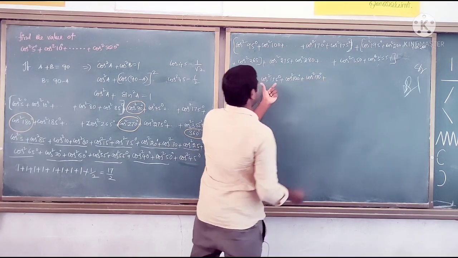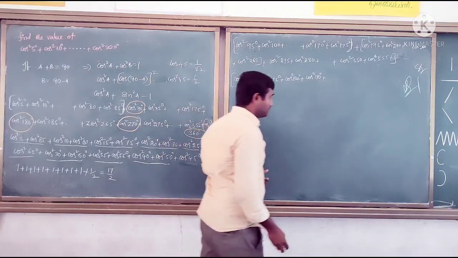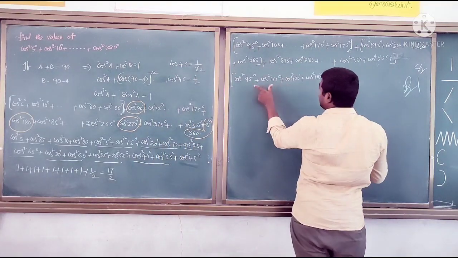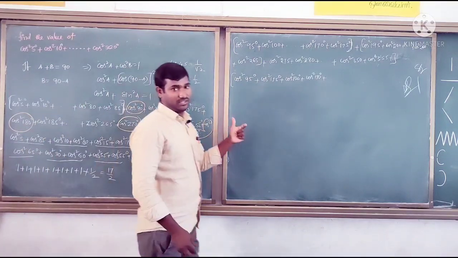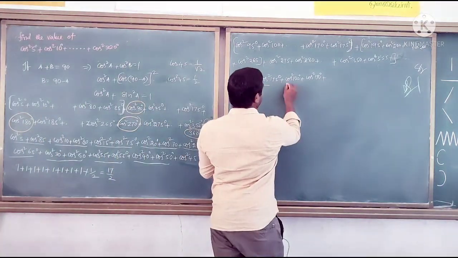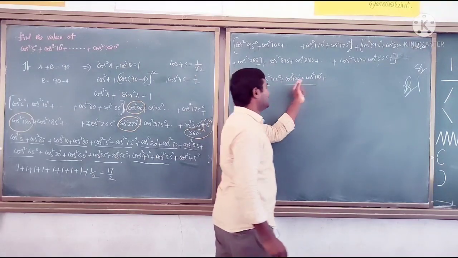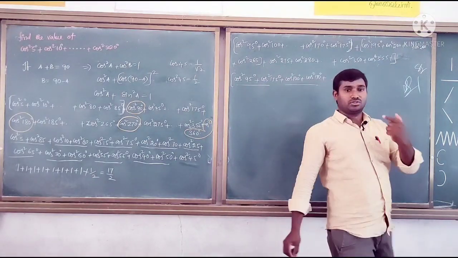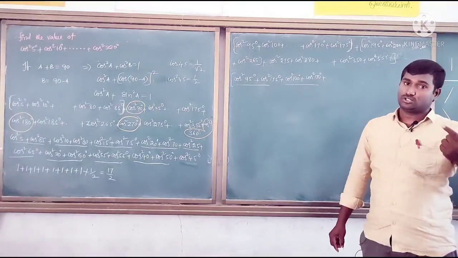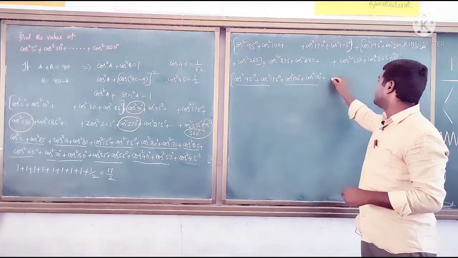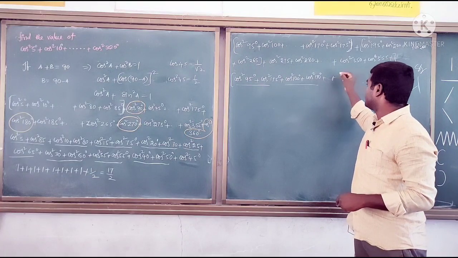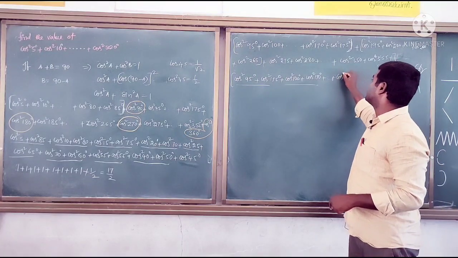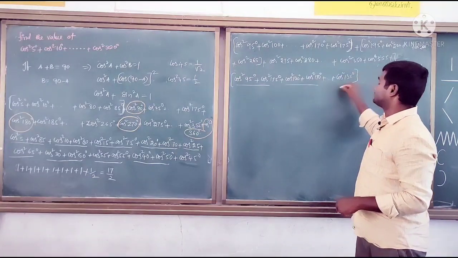If you write two numbers like this together, you will get 8 pairs. First we simplify this. Each pair's value will be the same, and one term is left over alone in these, which is cos square 135 degrees.